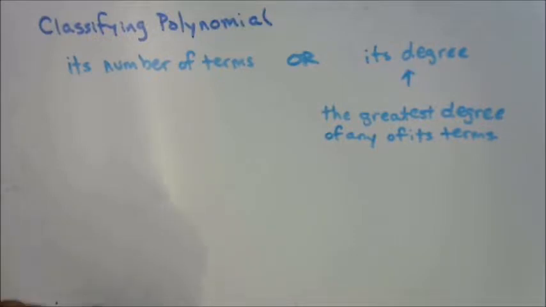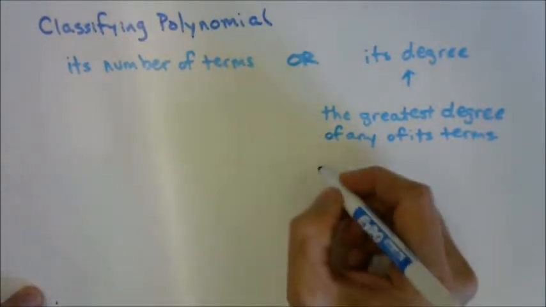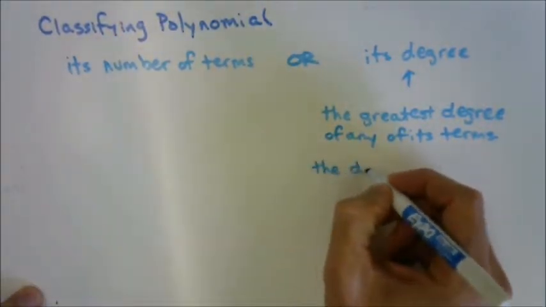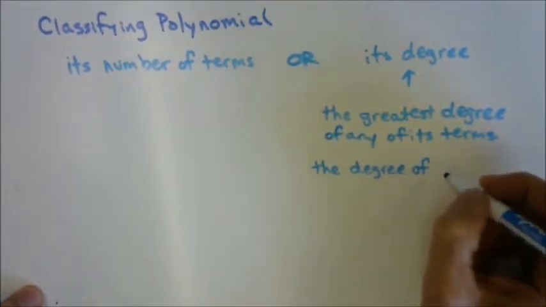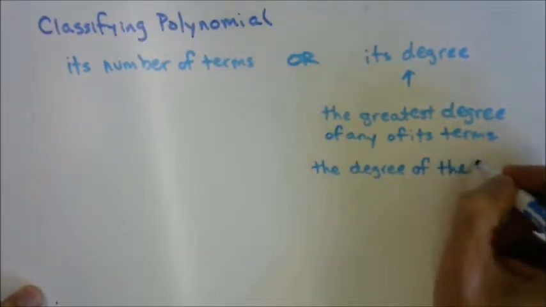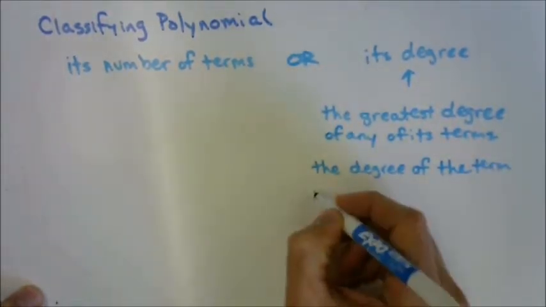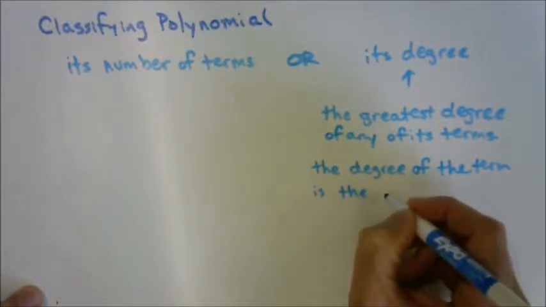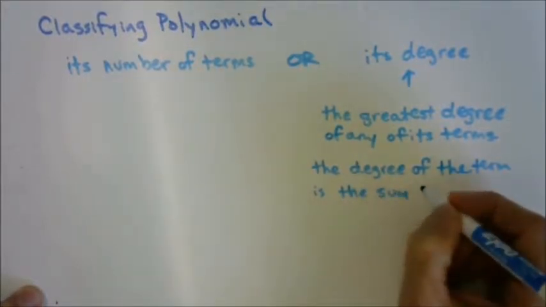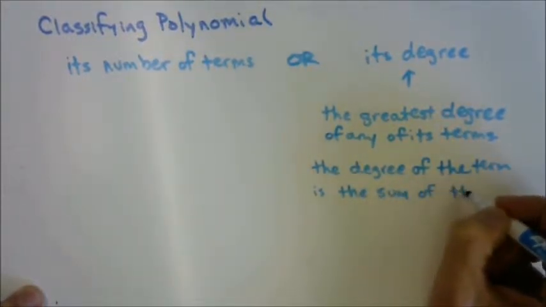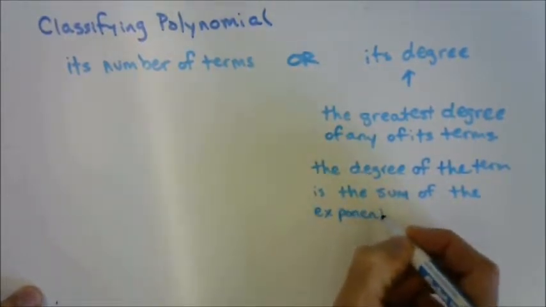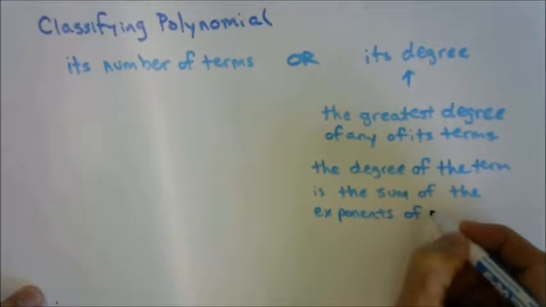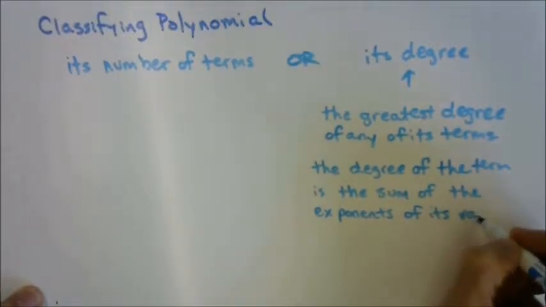The next sentence you have there: the degree of the term is the sum of the exponents of its variables.